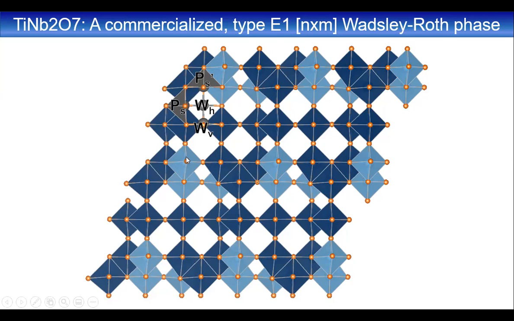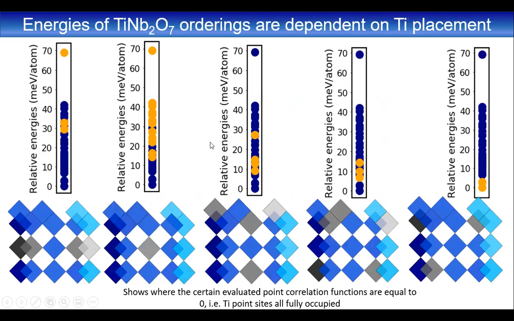Some orderings have niobium here or titanium here, and so on. I enumerated every combination where there are 3 titanium and 6 niobium in this 3x3 block. I took those orderings and did DFT on them and looked at the energies of the different orderings.